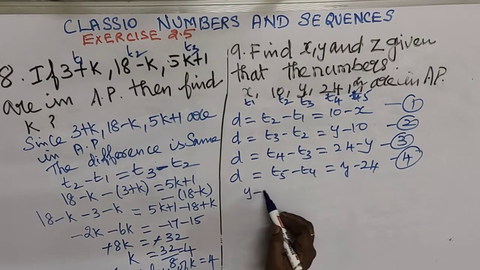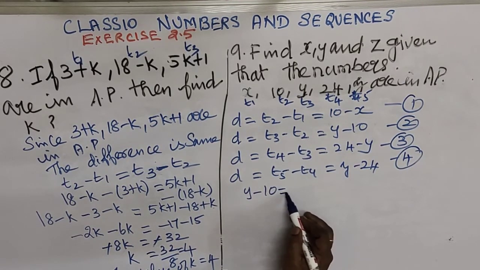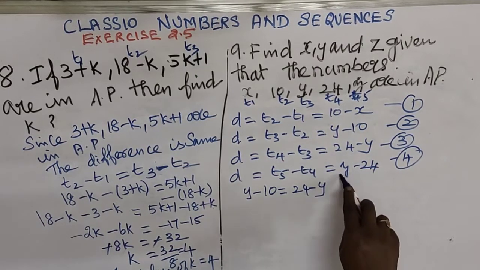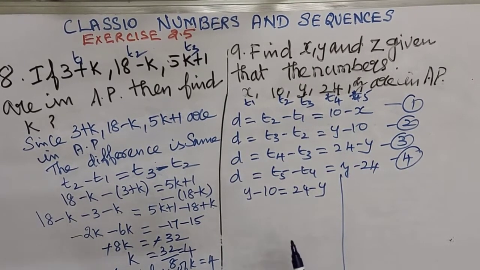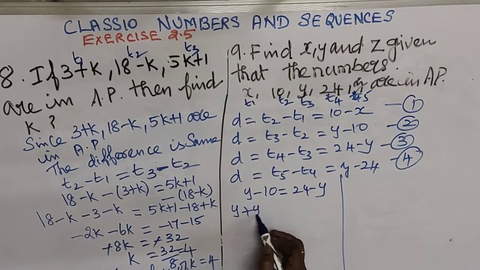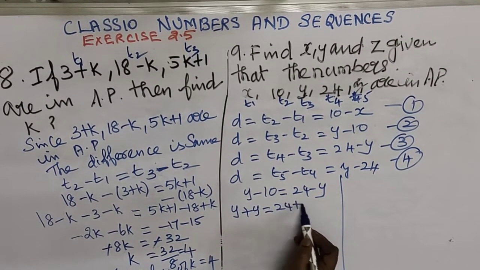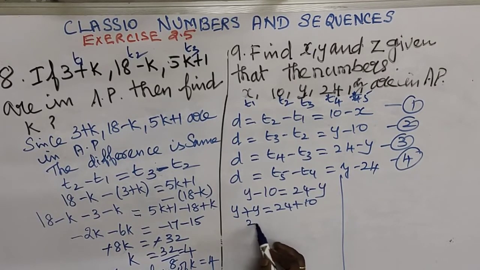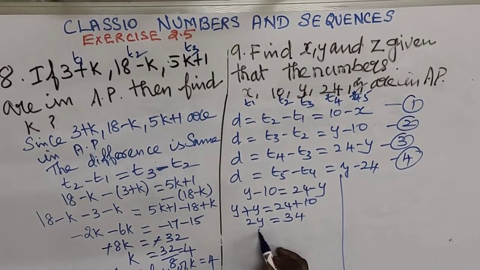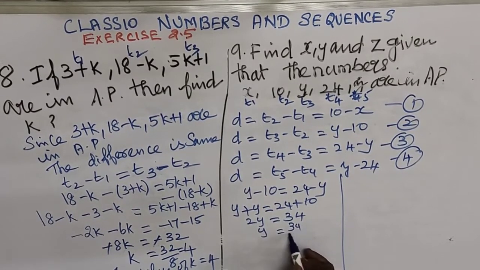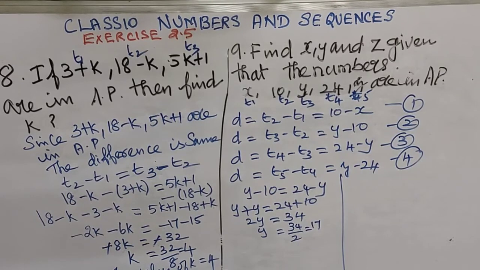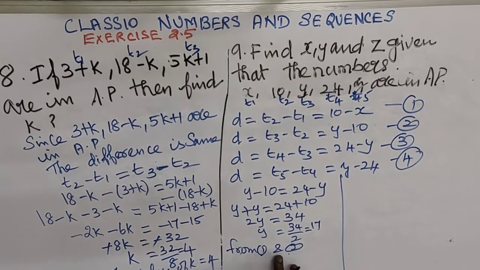So y minus 10 equal to 24 minus y. Bring the y to one side: y plus y equal to 24 plus 10. So 2y equal to 34, y equal to 34 by 2. So the y value is 17.